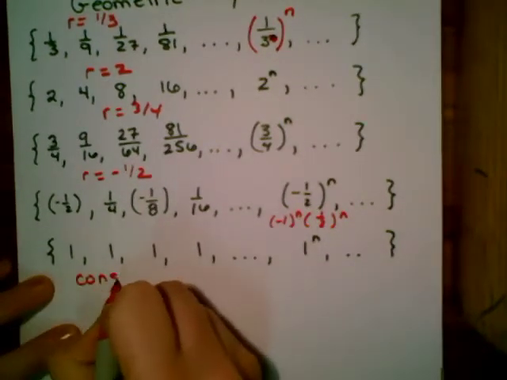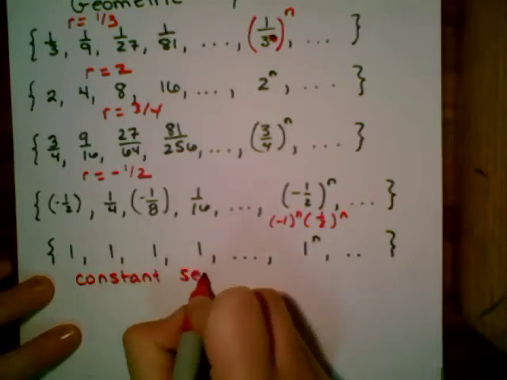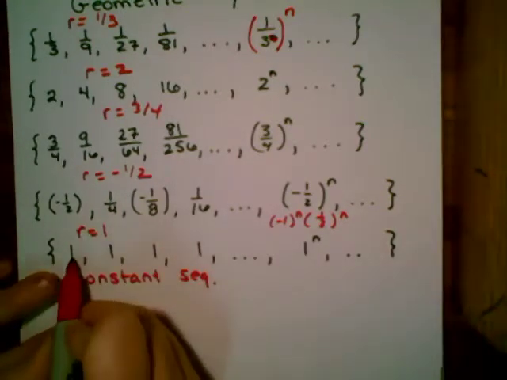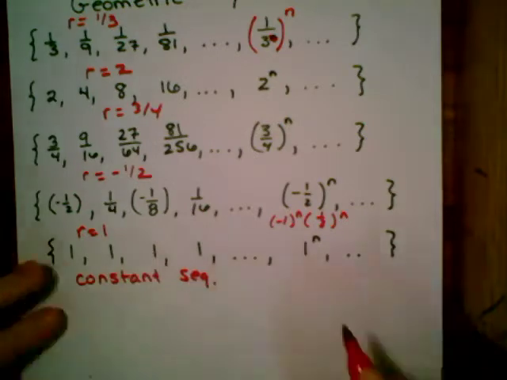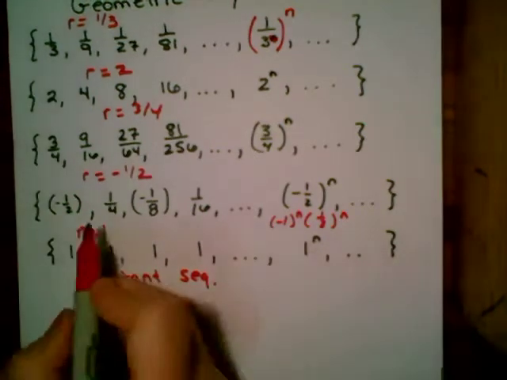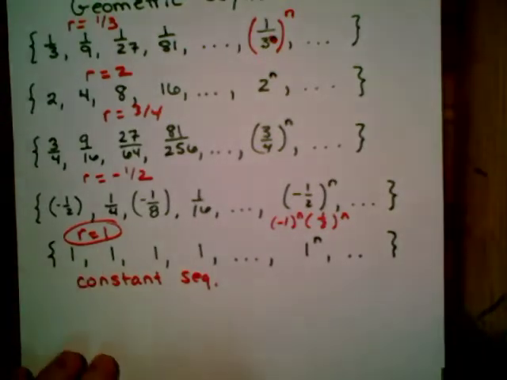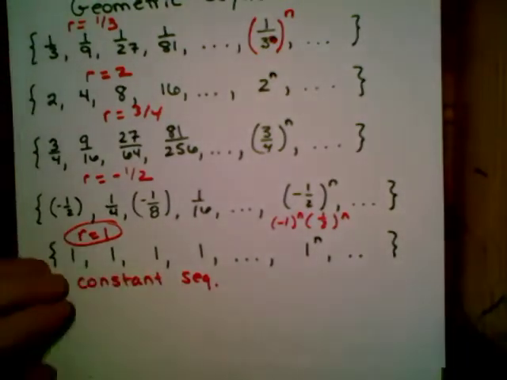There's one constant sequence where r equals 1. So 1 times 1 is 1, and so forth. That's not a very interesting sequence, but we want to define geometric sequence for any real number r.